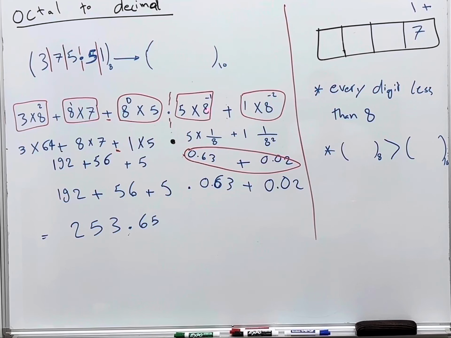So 5 multiplied by 8 to the power of minus 1 is 5 divided by 8, which equals 0.63. Then 1 multiplied by 1 over 8 to the power of 2 is about 0.02.